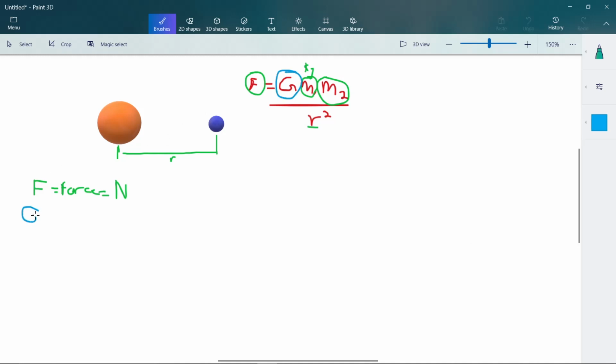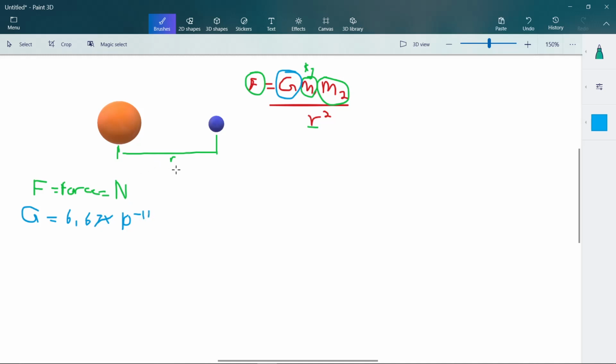So G is equal to 6.67 multiplied by 10 to the power minus 11. So let me write it down for you so that you can see it. It's 6.67 multiplied by 10 to the power minus 11.